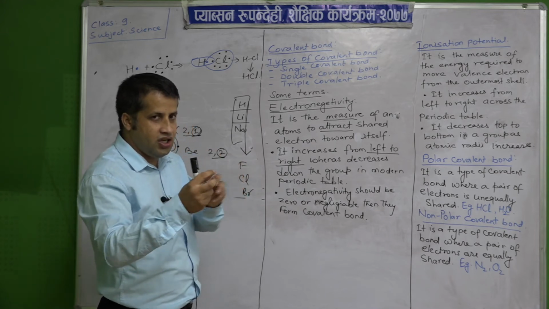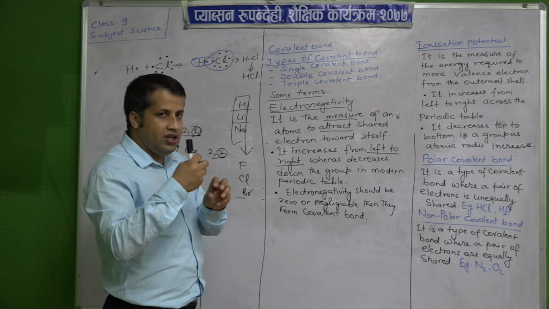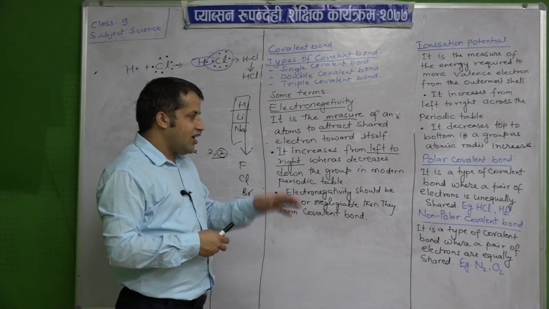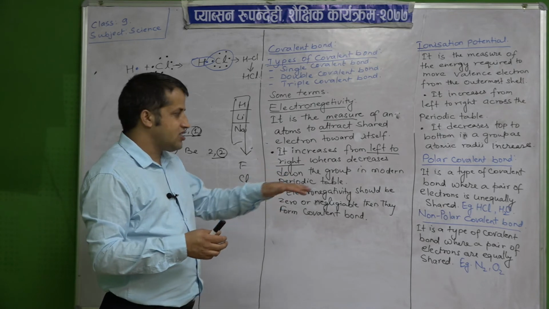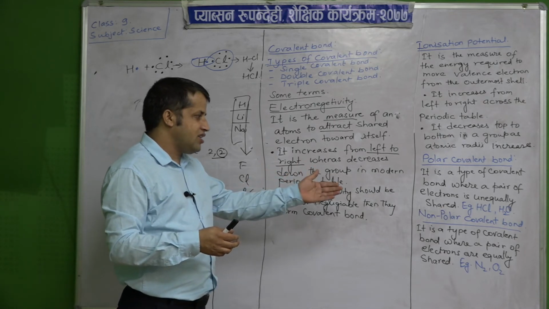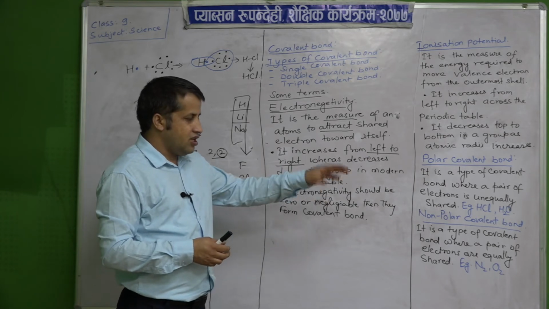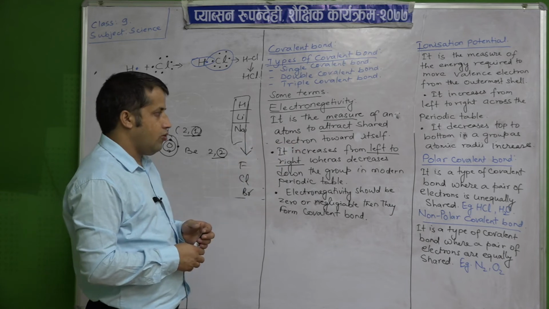We cannot really say ions are formed, but partial electric charges are created, and that is called a polar covalent bond. It exists in HCl and H2O.